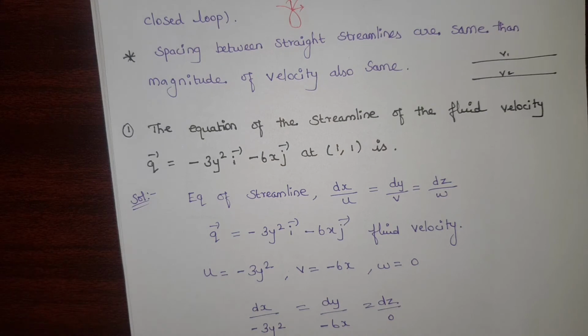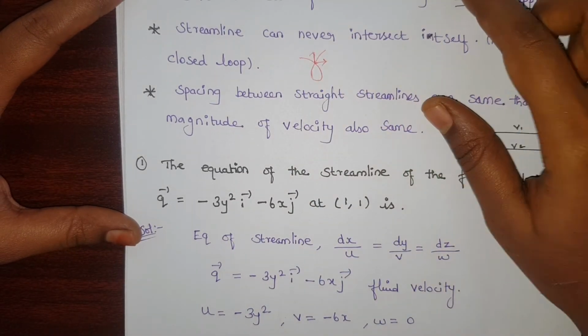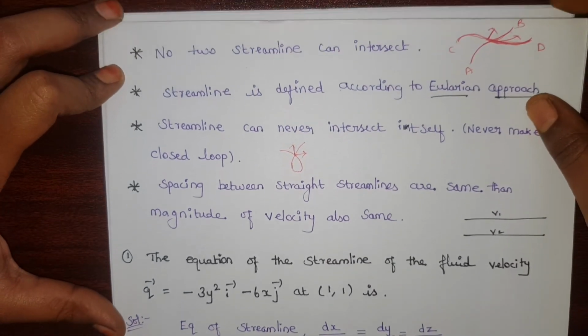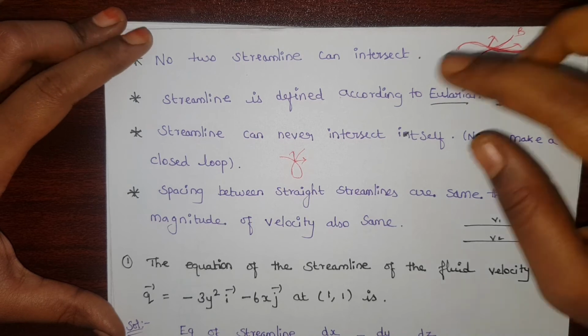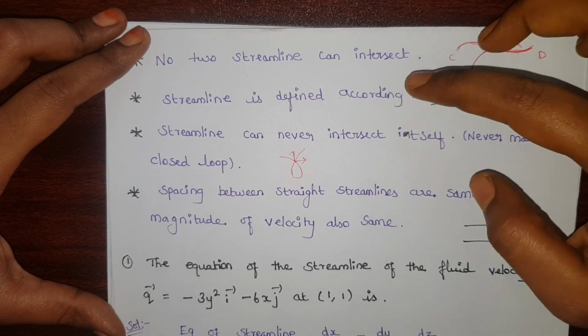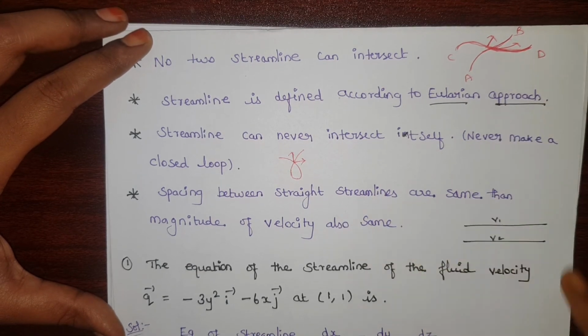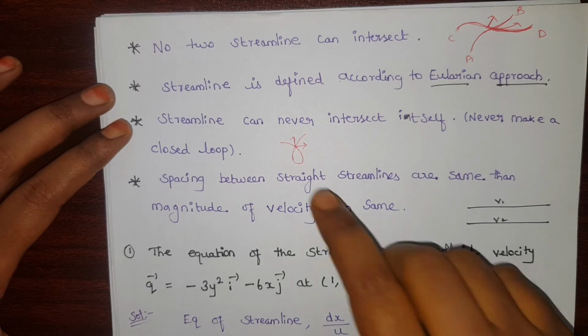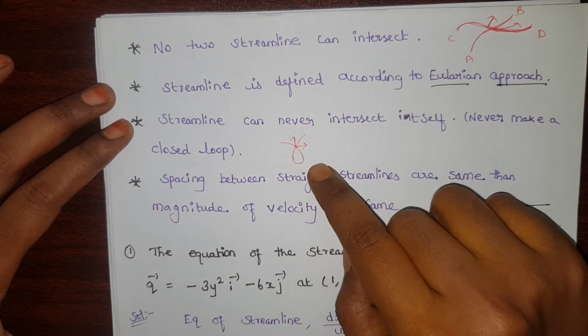Then we see some other points regarding streamlines. No two streamlines intersect. The streamline is defined according to the Eulerian approach. The streamline can never intersect itself; no streamline can intersect and form a closed loop.